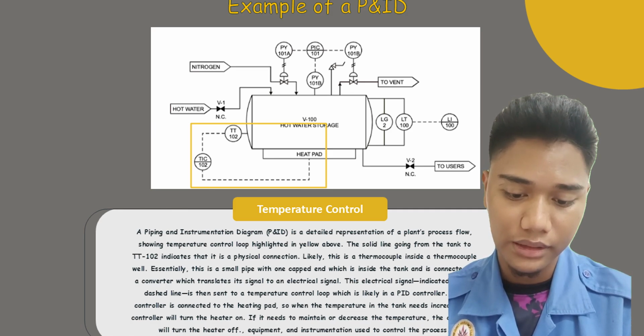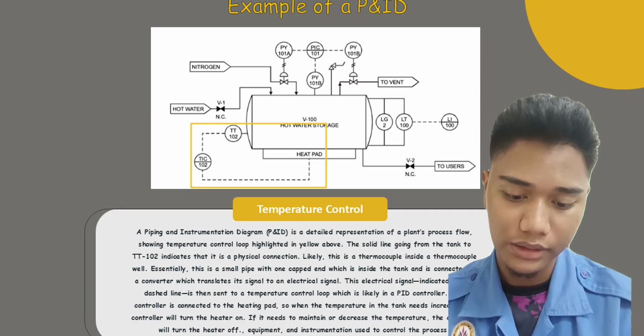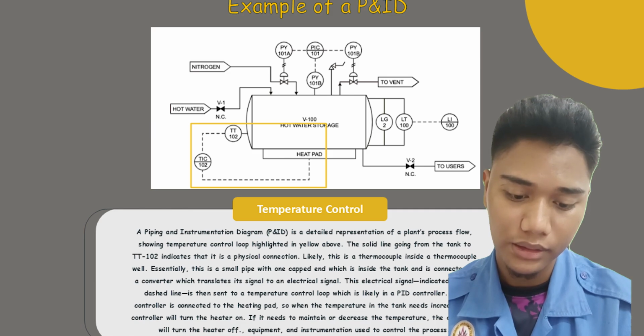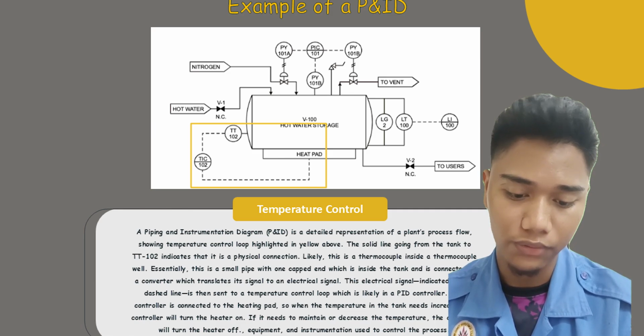This controller is connected to the heating pad, so when the temperature in the tank needs to increase, the controller will turn the heater on. If it needs to maintain or decrease the temperature, the controller will turn the heater off.